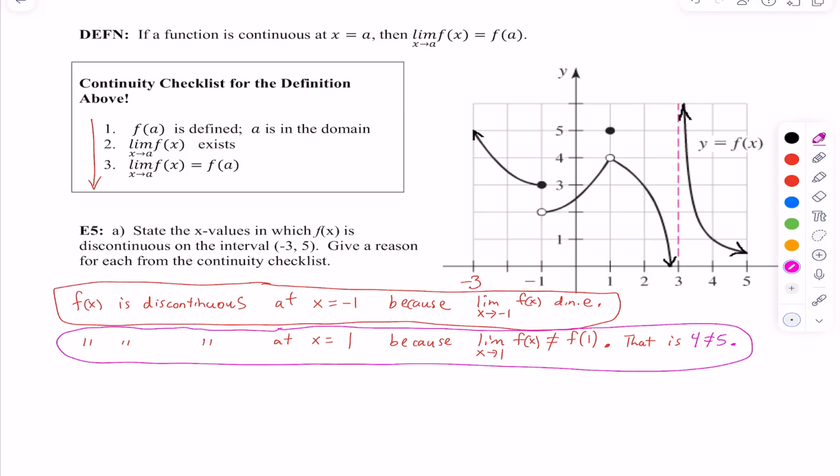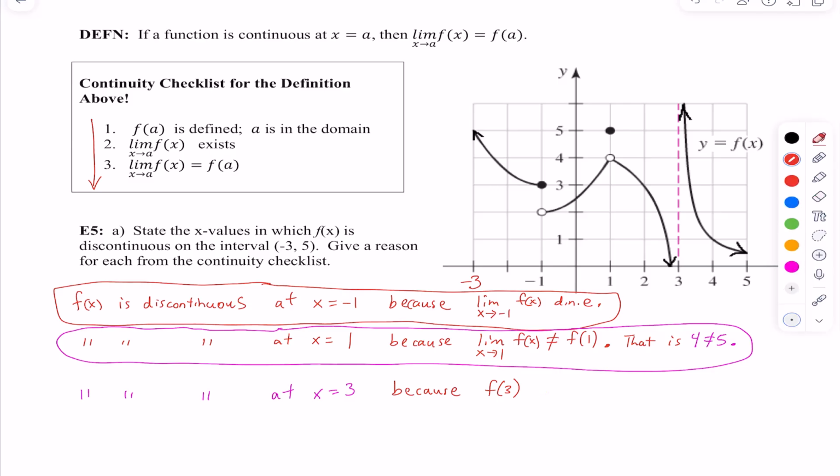Let's look at a different x value. f of x is discontinuous at x equals 3. And what is the reason this time? This is because f of 3 is not defined.